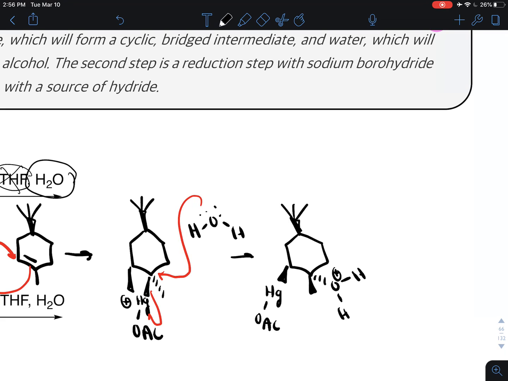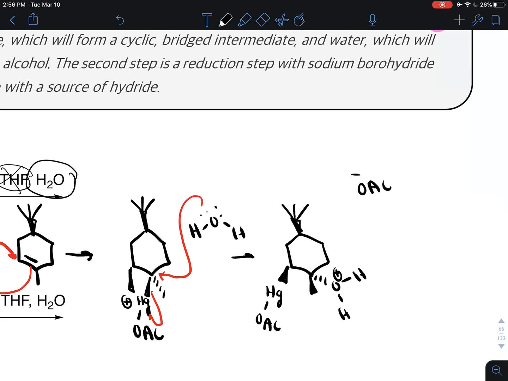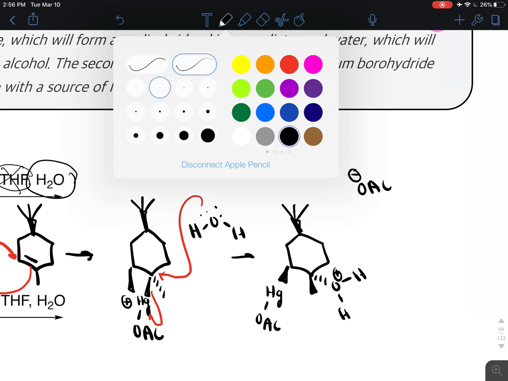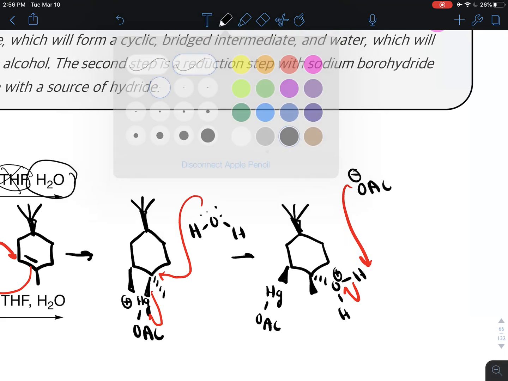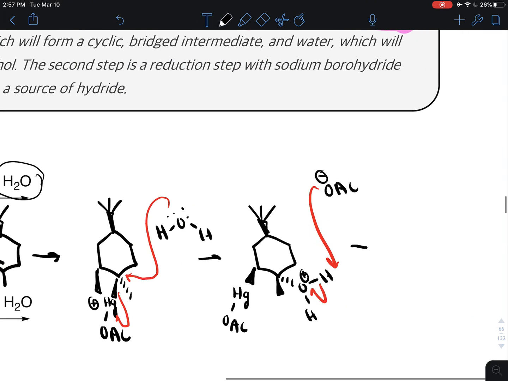Okay, so that acetate that we kicked off in the beginning from that concerted mechanism is used to deprotonate that proton of the water. So this is really the end product of step 1.